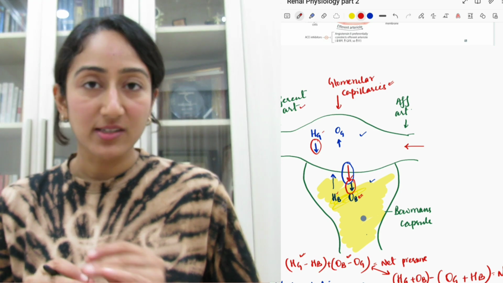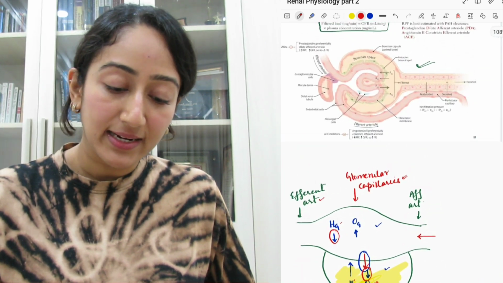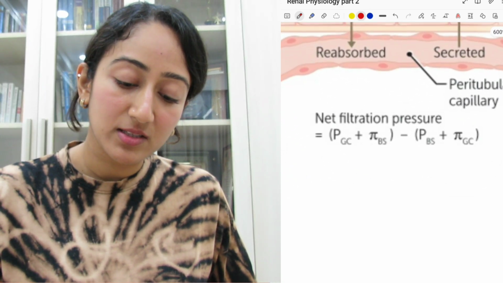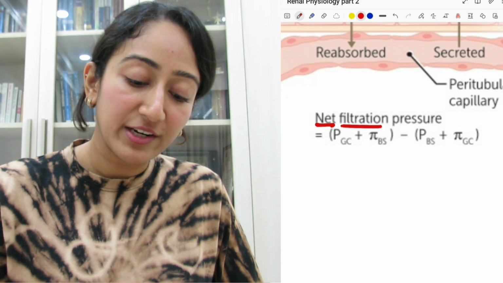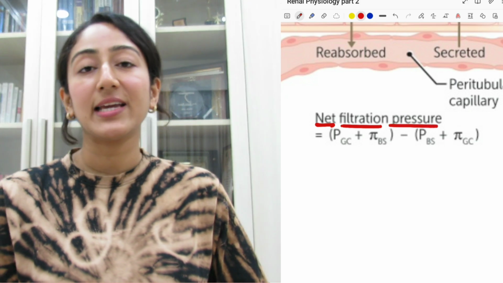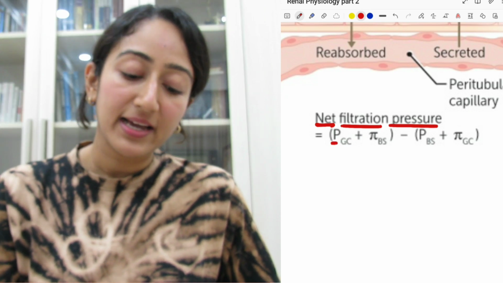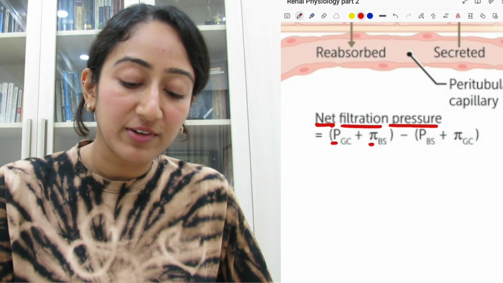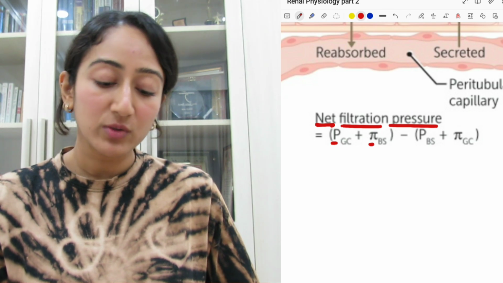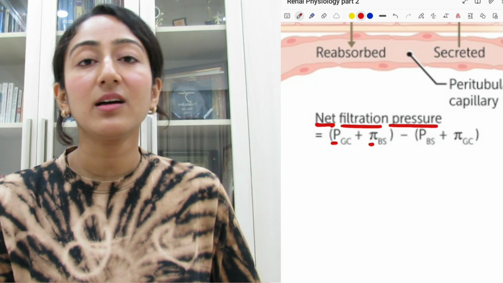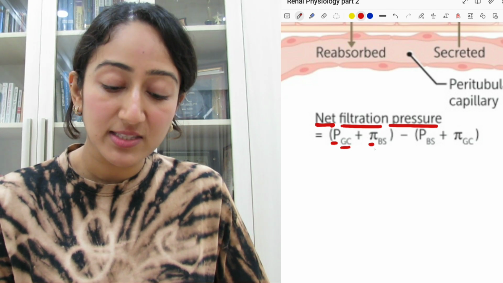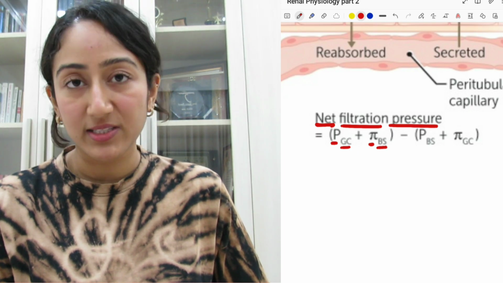So I hope you guys understood this concept first, and let us see over here in this diagram. This is the same thing, net filtration pressure. Here instead of taking H for hydrostatic pressure, they have taken P, and instead of O for oncotic pressure, they have taken this symbol right here. So they have done the same thing. P is the hydrostatic pressure of the glomerulus plus the oncotic pressure of the Bowman's capsule.